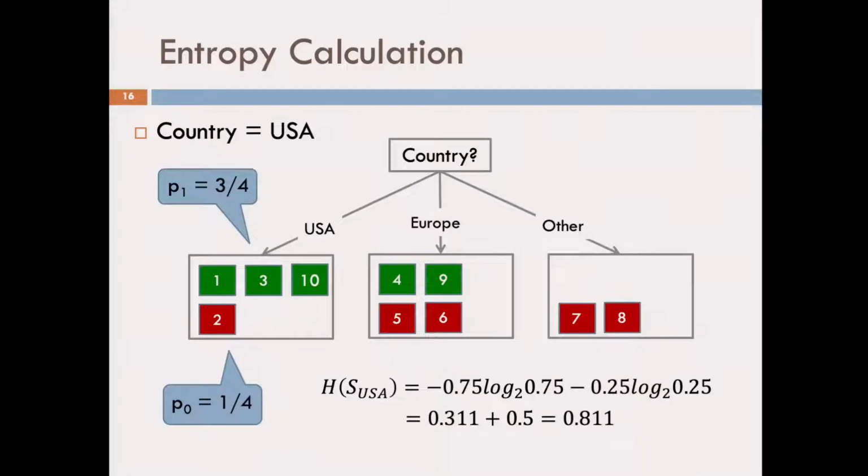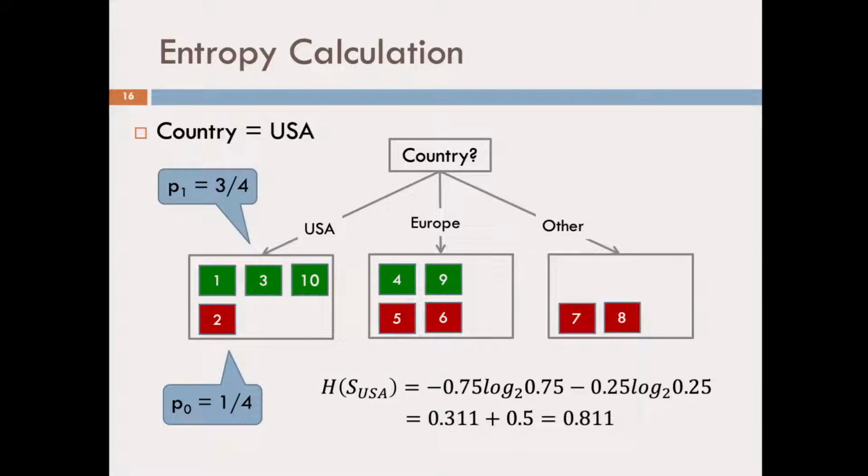Here, with the feature country, we have all the subsets in the division. Okay? So, if we take the value USA for the feature country, here we have 3/4 positive instances and 1/4 negative instances. Okay? 3 positive instances and 1 negative instance.